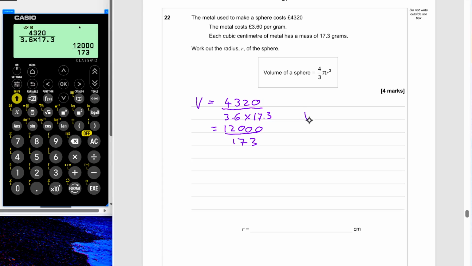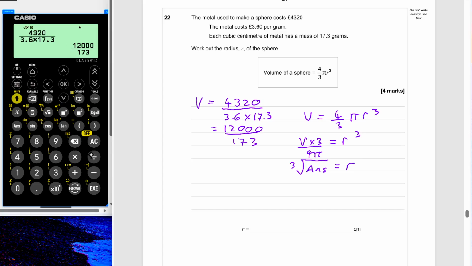So we know then that the volume is this. So I'm going to say that the volume is equal to 4/3 pi r cubed. So if we say the volume times by 3 divided by 4 pi is going to be equal to the radius cubed. And then I'm going to cube root my answer, and that'll give us the radius. So here's our volume.